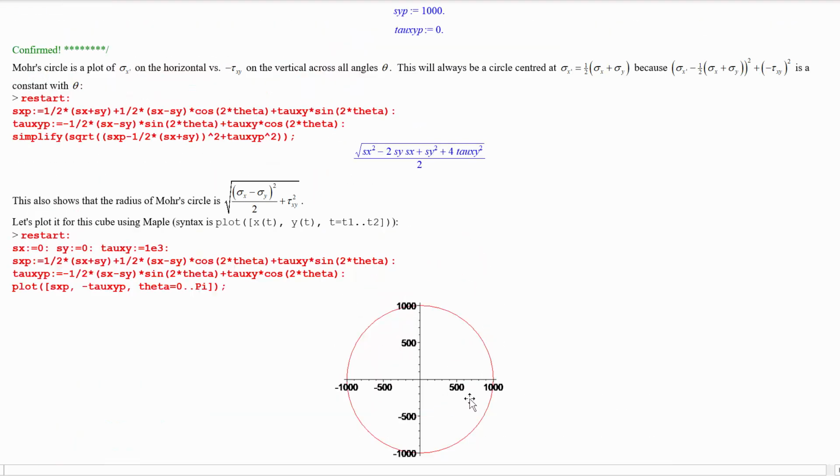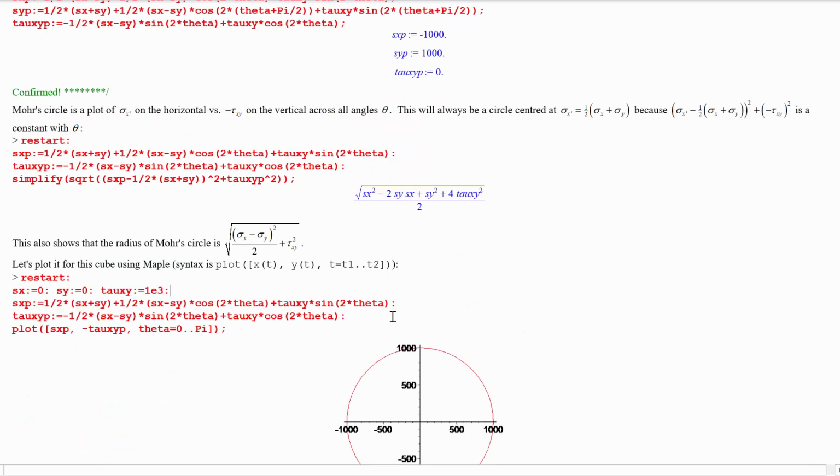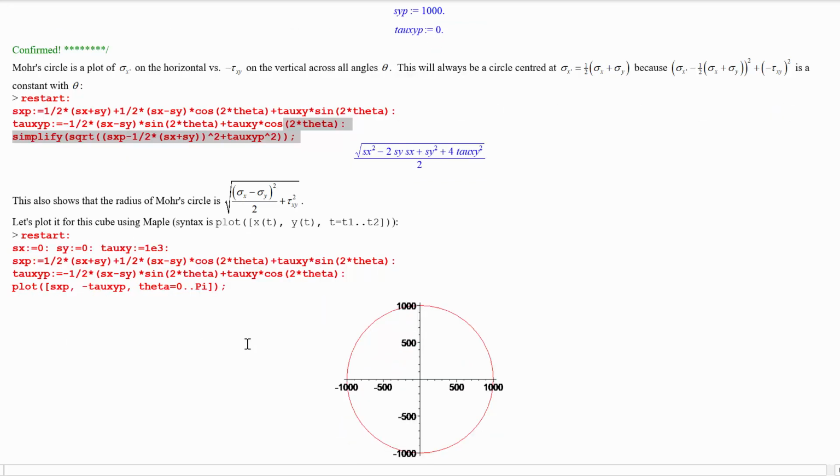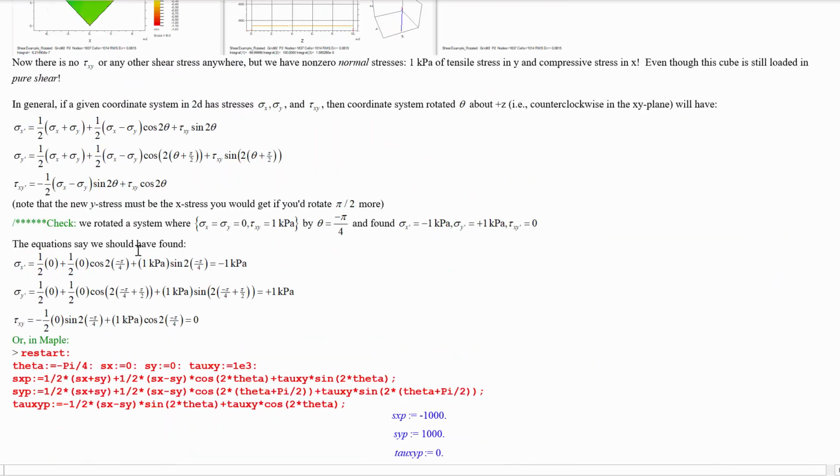Another thing, the plot of the circle equation here is going by 2 theta. Why is that? Because the cosine and sine in these equations are not cosine and sine of theta, but cosine and sine of 2 theta. So that means that we need to increase theta by pi by 2 to go from the x stress to the y stress.